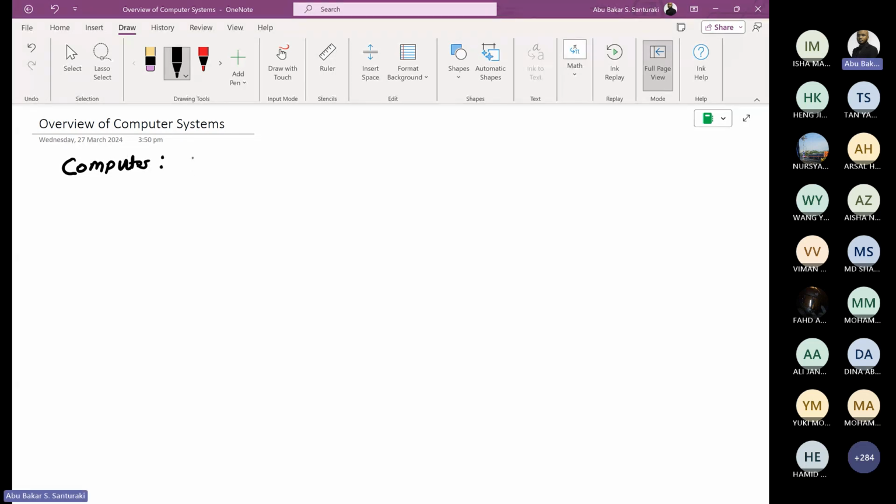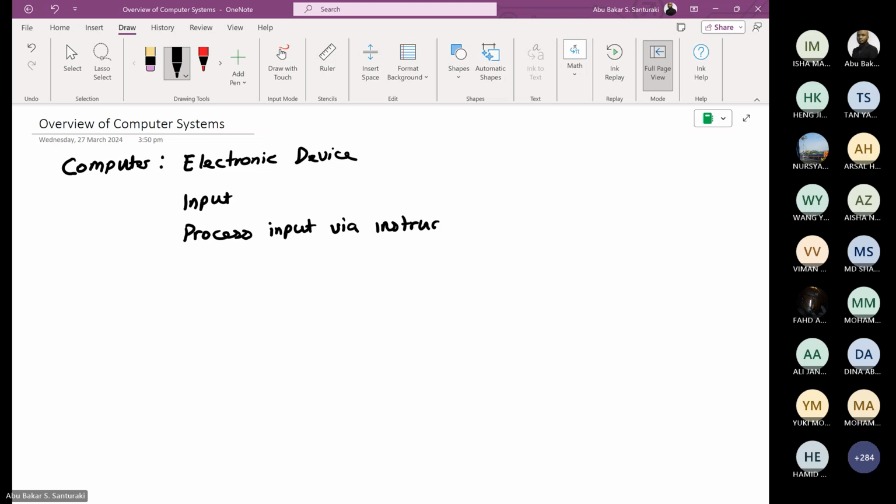We've defined a computer as an electronic device that can take in input, process that input via a set of instructions, and generate some sort of output.